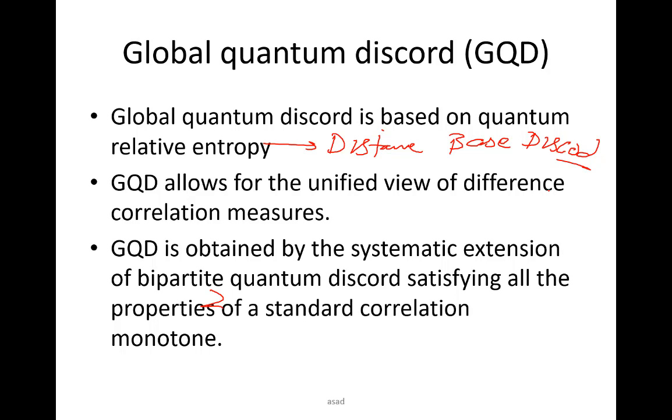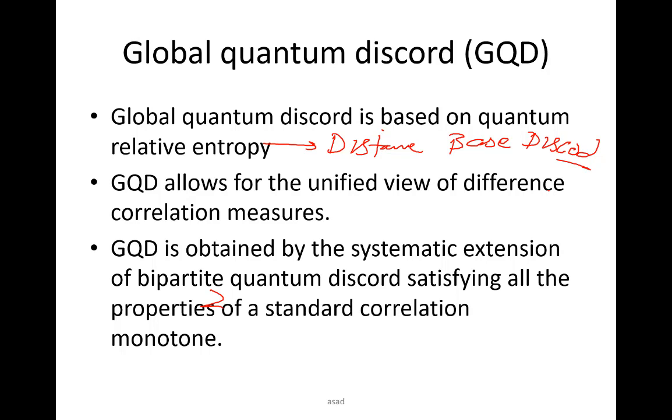Global quantum discord allows us a unique view of different quantum correlation monotones, as many successful quantum correlation monotones discovered and discussed earlier in the literature are based on quantum relative entropy. So this gives us a unified view of different correlation monotones.